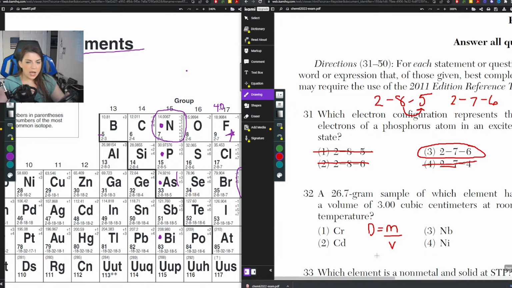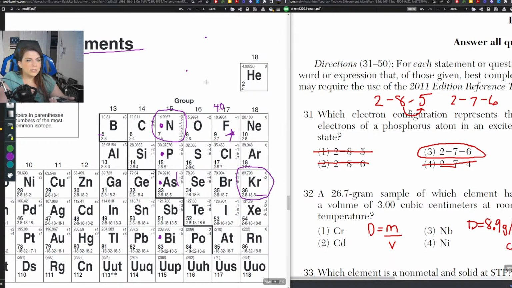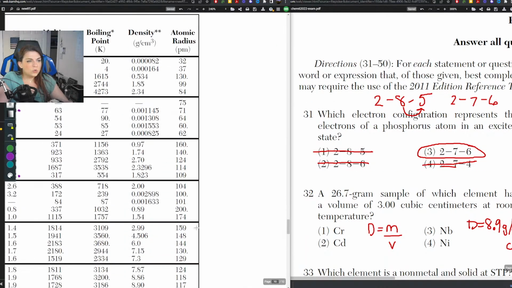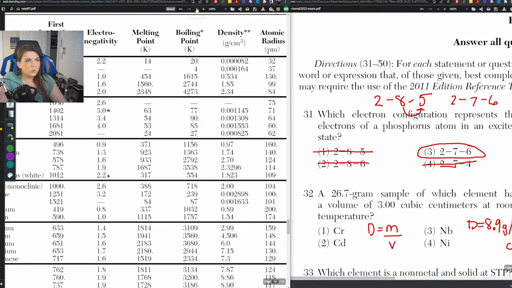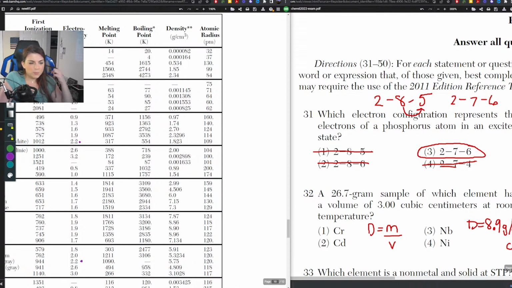The density that I am getting is 8.9 grams per milliliter, or grams per cubic centimeter. That's the same thing, because 1 milliliter takes up a cubic centimeter of space. And then I will cross-reference this with Table S to figure out what we are talking about.